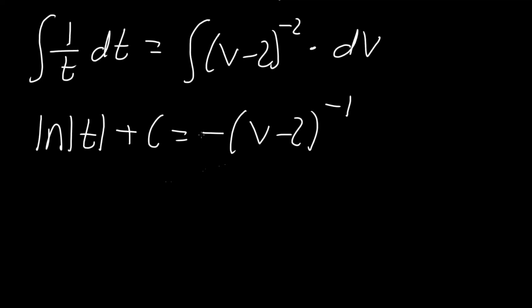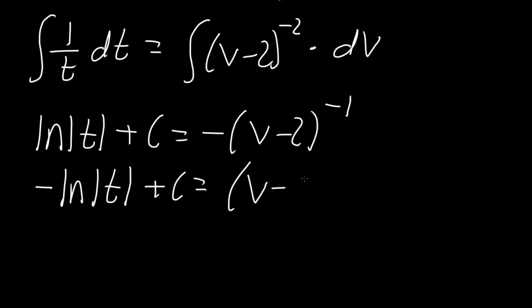And the next thing we're going to do is distribute the negative. We want to remove the negative here. So we can say negative ln absolute value of t plus c is equal to (v minus 2) raised to negative 1. And we will eliminate this negative 1. We can say v minus 2 is equal to, we will flip it. We'll say times negative 1.